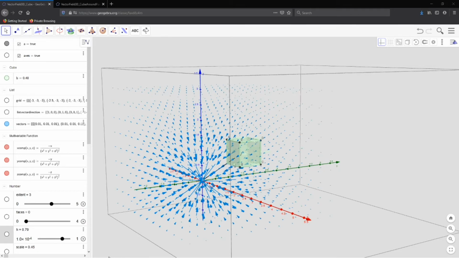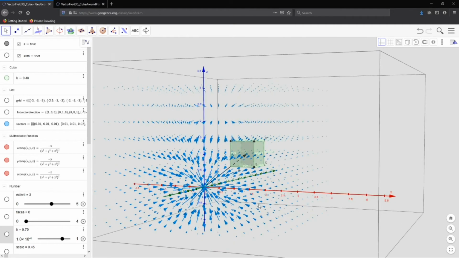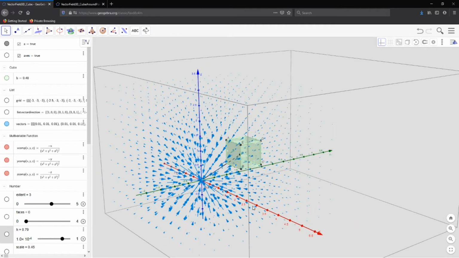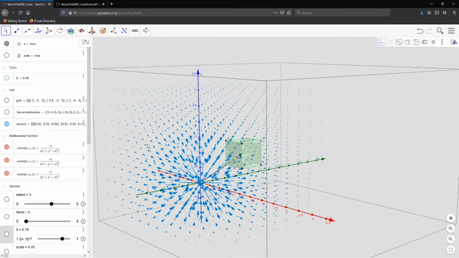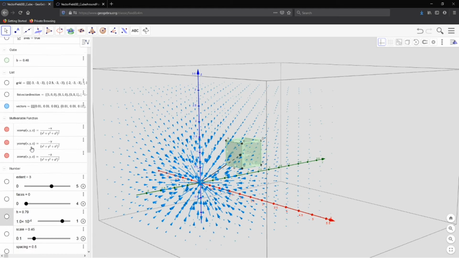So this is a picture here of the scenario that we're talking about, where we have some sort of small cube immersed in some vector field, and we're considering the flow of mass through this cube. And what we want to do is try to express the conservation of mass in this cube. Try to do what's called a mass balance in this cube.